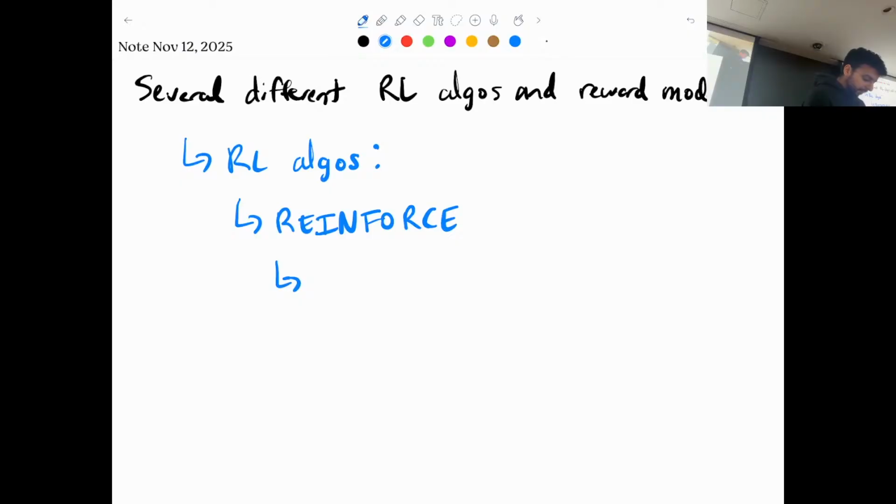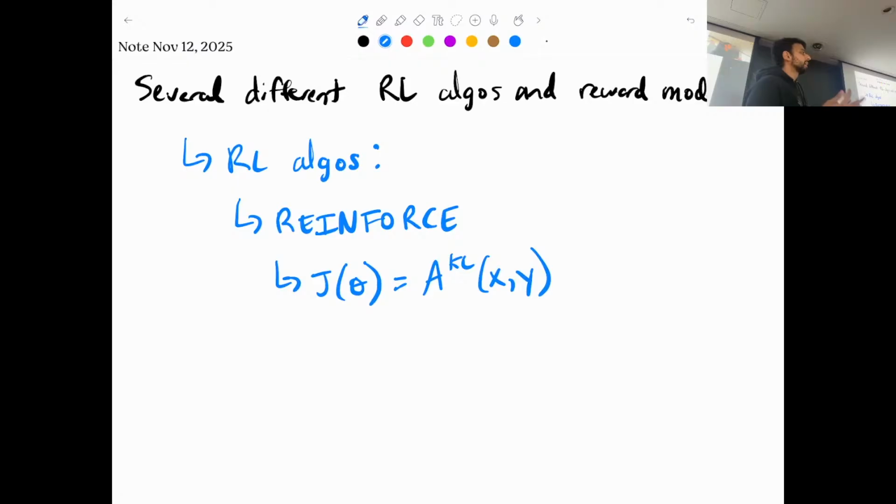And here, the loss for a single prompt and a single rollout y is this, the advantage, which you could incorporate that KL term into it too.